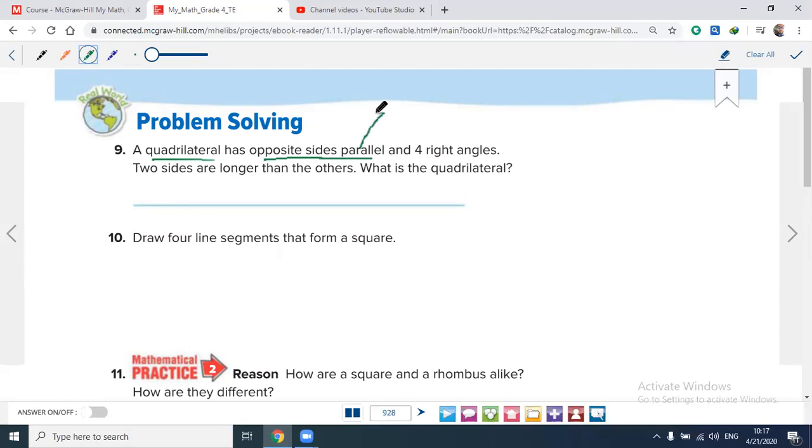In parallelogram, rectangle, square, and rhombus.